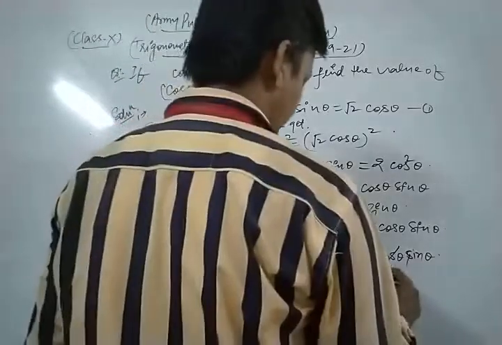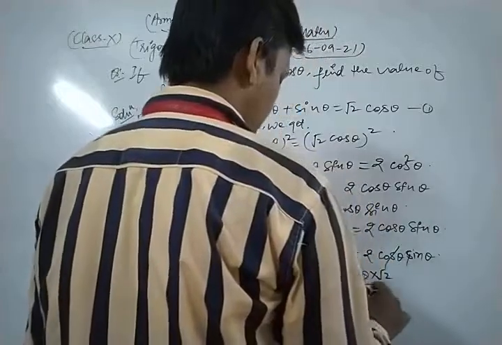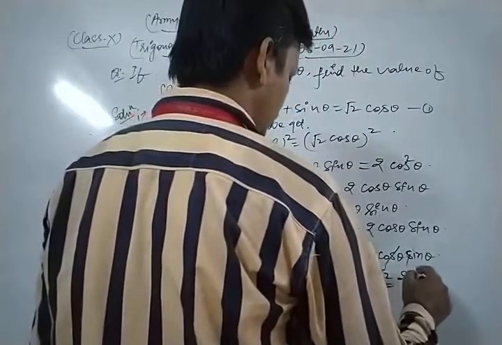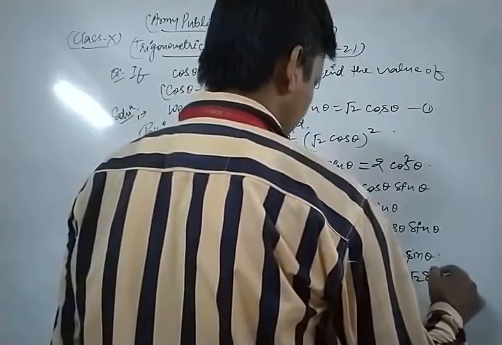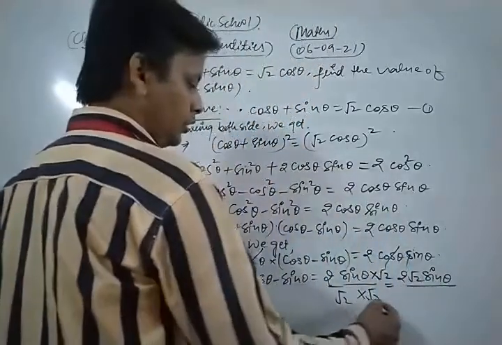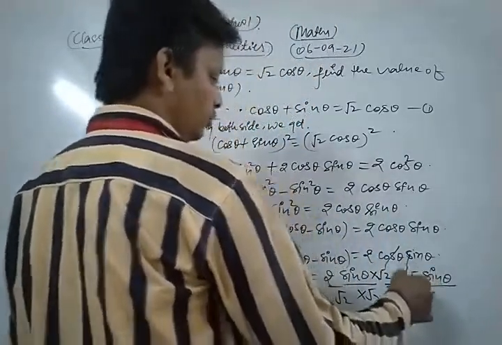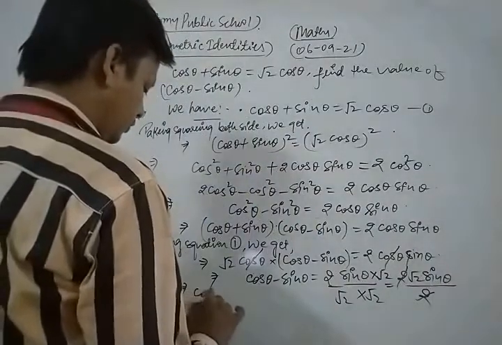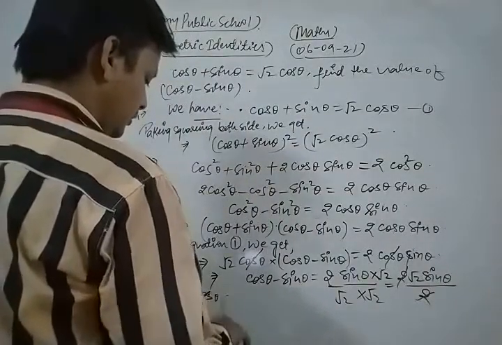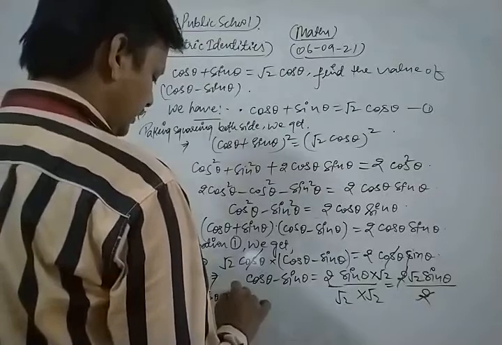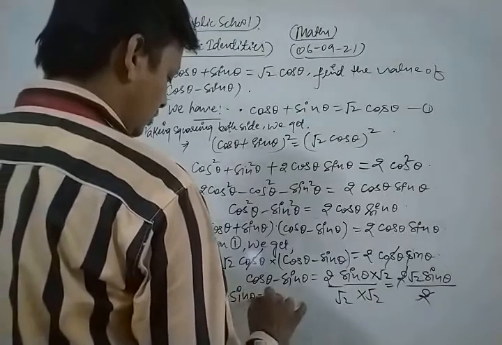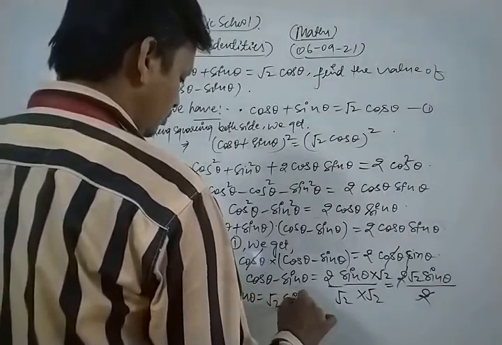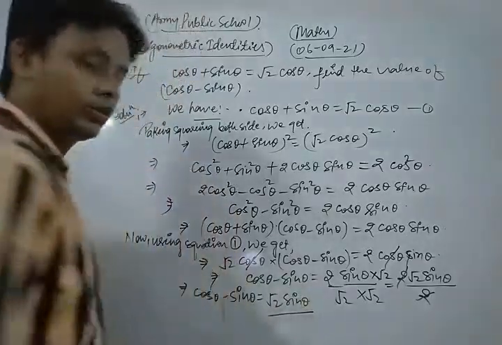So we get 2 under root 2 into sin theta upon root 2 into root 2, which is 2. So the 2s cancel each other, and thus the value of cos theta minus sin theta is equal to under root 2 sin theta.